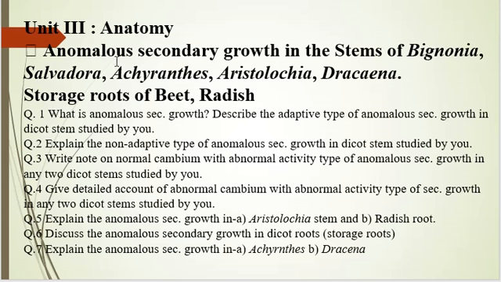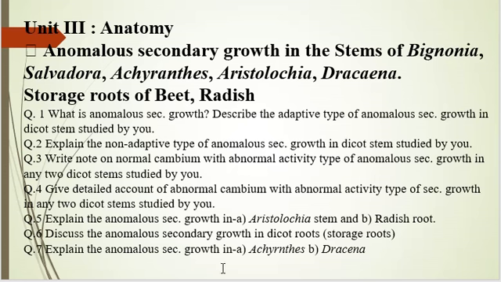In this anomalous secondary growth, the questions asked are like: what is anomalous secondary growth? Describe the adventitious type of anomalous secondary growth in dicot stem, or explain non-adaptive type of secondary growth, or also give a detailed account of abnormal cambium.